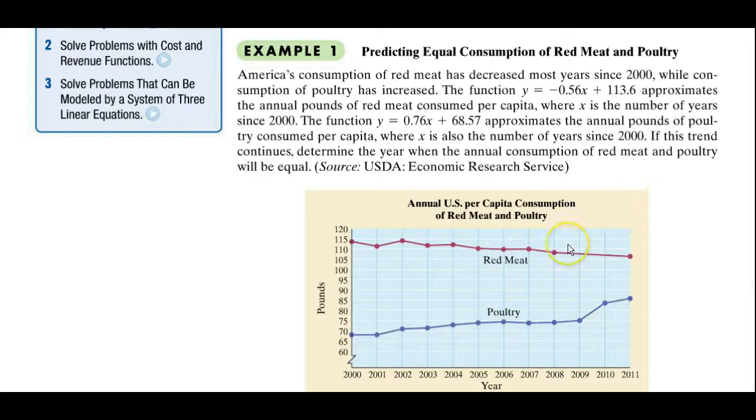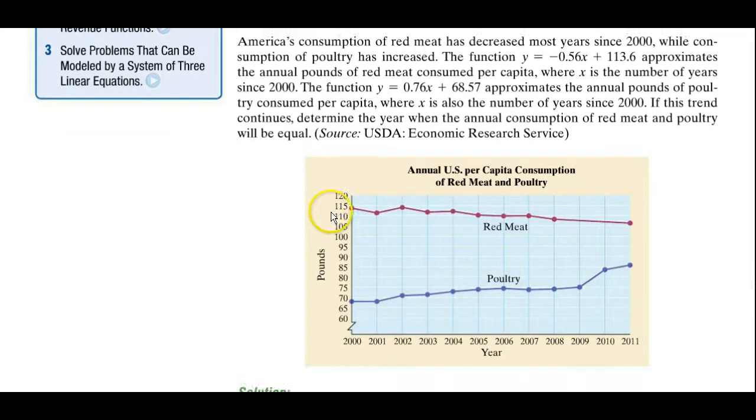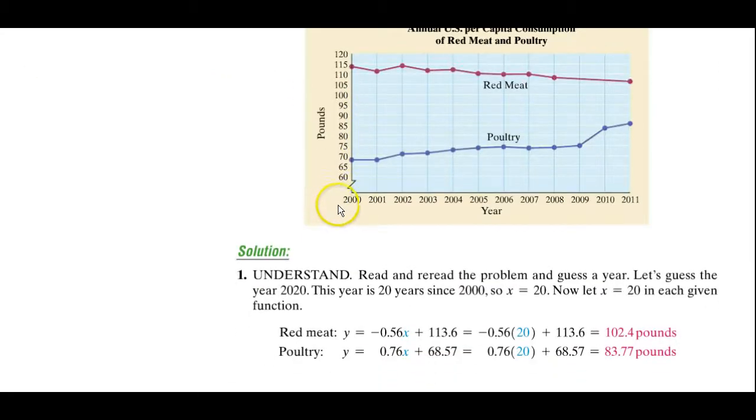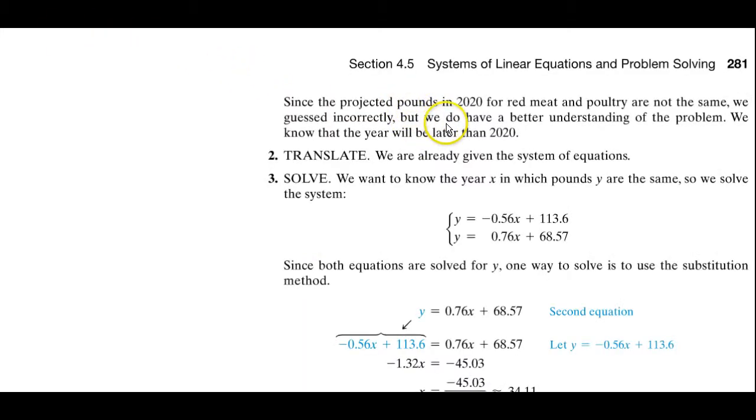But how can we solve this? Well, let's go on a little bit here, because this is a word problem. They're giving you all of the steps. In this case, here are our 2 equations. And what technique could you use?